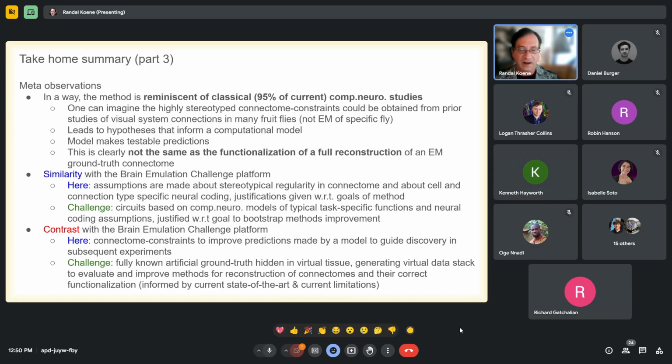Yeah. So I think this is where having an artificial ground truth piece of virtual tissue, like what we're creating, gives us a bit of extra power, because we could allow someone to use a method that is attempting a bit more than what they're doing. Because I think that if you take something we've generated rather than the tissue that came from the EM data set, and they were to apply the exact same method, in other words, they're looking for average connectivity, average circuits, sort of, not average, not the word, stereotyped.